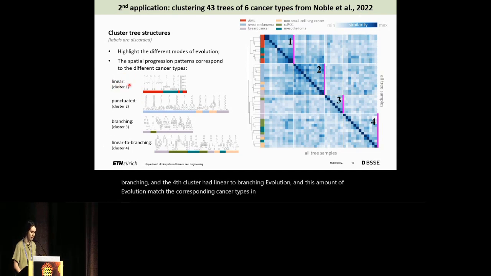So for example, it's known that liquid cancers, like we have in AML and mesothelioma, have a linear pattern. Then we have punctuated evolution for uveal melanoma. For breast cancer, we have branching evolution. And these results are confirmed in the literature.